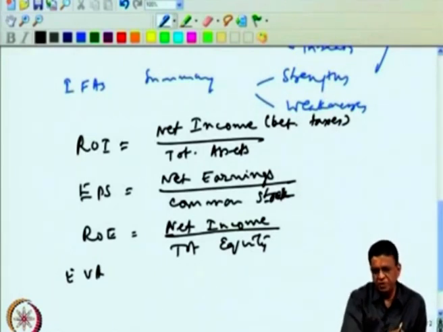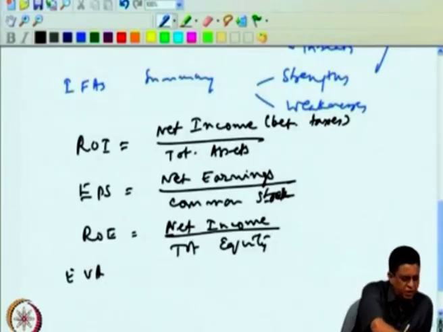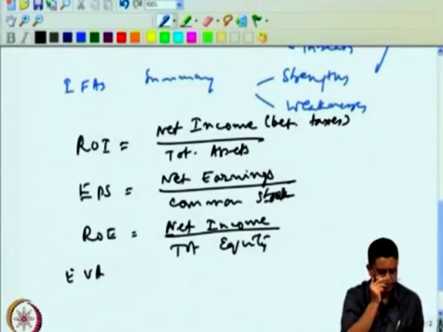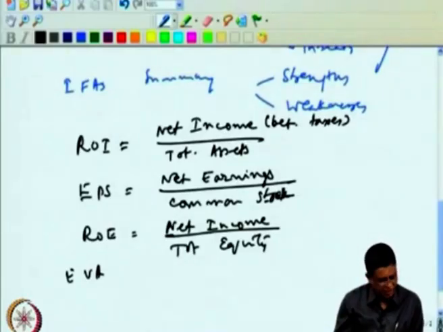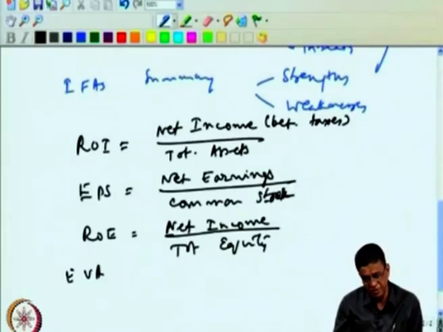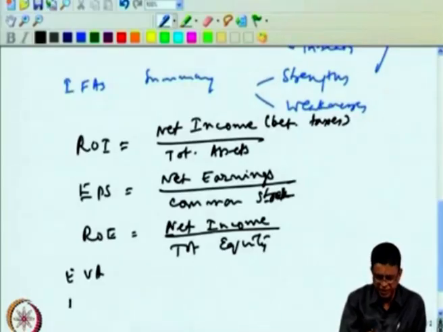So, before strategy, what was the value of your share? Post strategy, what is the value of your share? It will give you an idea of what is the economic value added for the business because of the decisions that you have taken, the strategic decisions that you have taken.